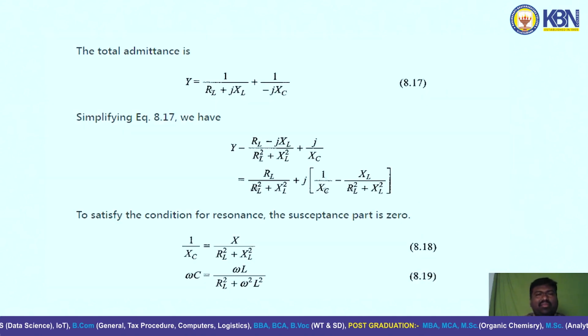The total admittance of the parallel resonance circuit Y equals 1 by R plus J omega L plus 1 by JXC. By implementing the equation, Y equals RL by R plus XL whole square plus 1 by R plus XL whole square minus 1 by XC.